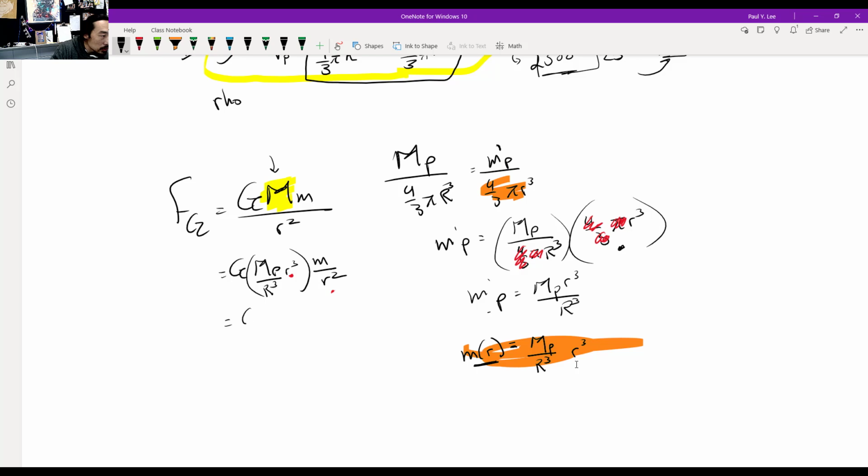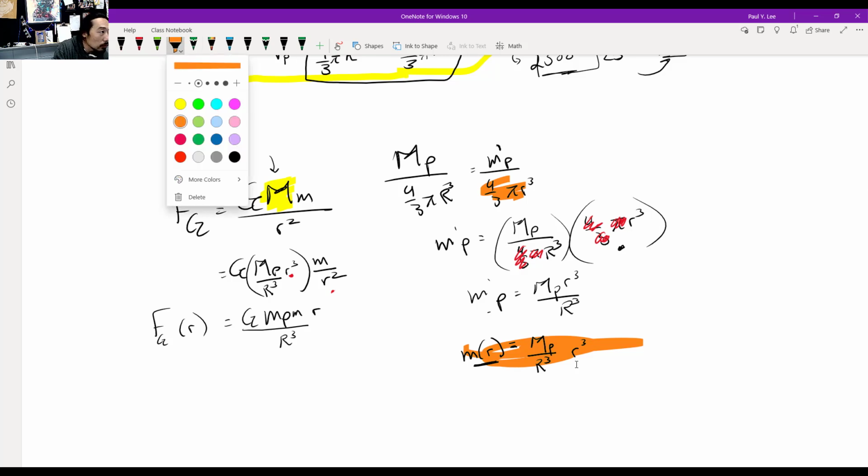You know what happens when you clean that up? We get G M_P m r all over capital R cubed, and this is the gravitational force, where r is your changing variable.